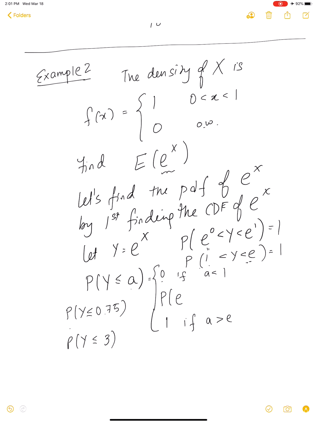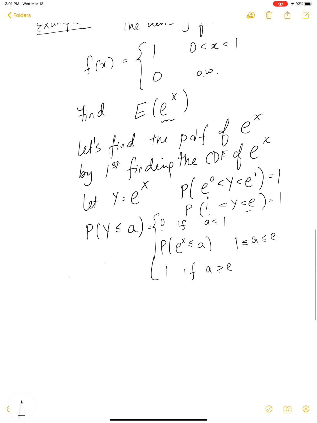So let's write y as e to the x, and let's ask ourselves this question. What's the probability that e to the x is less than or equal to a? Okay, and it doesn't matter since this is a continuous random variable. You could either include one or the other in either of those. So the probability that e to the x is less than or equal to a.